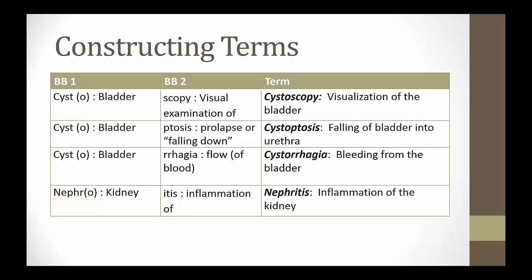Finally, a key root term to the urinary system is nephro, meaning kidney. And we'll combine it with the suffix itis, meaning inflammation of, to form a new key word, nephritis, inflammation of the kidney.